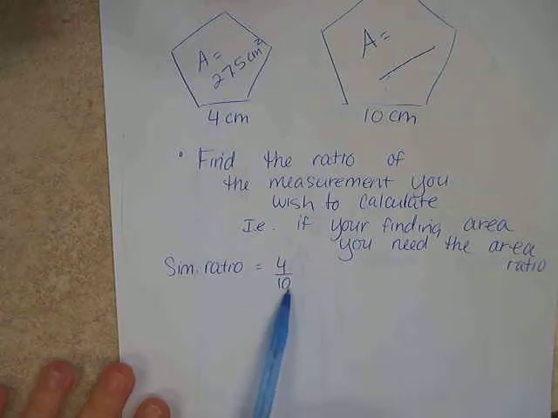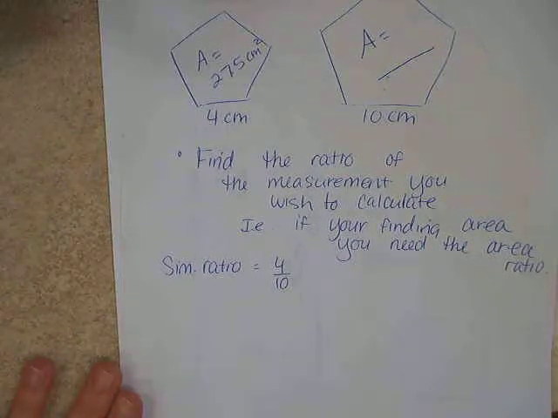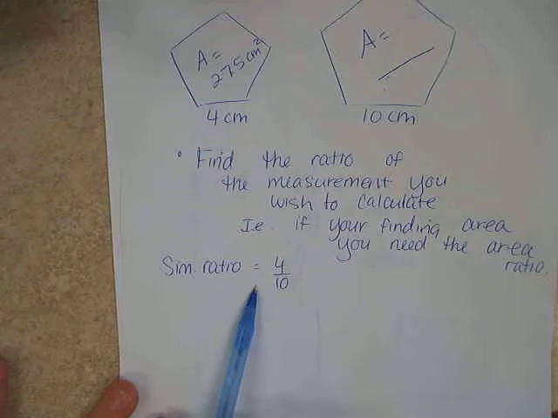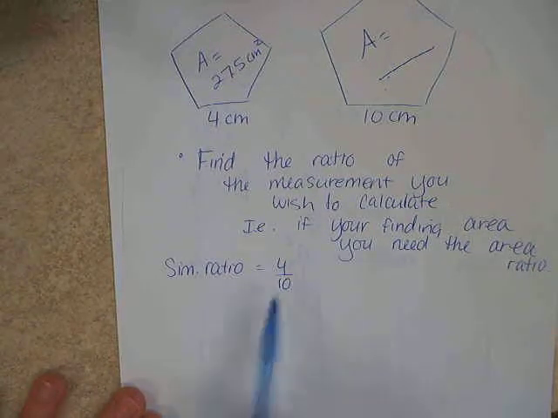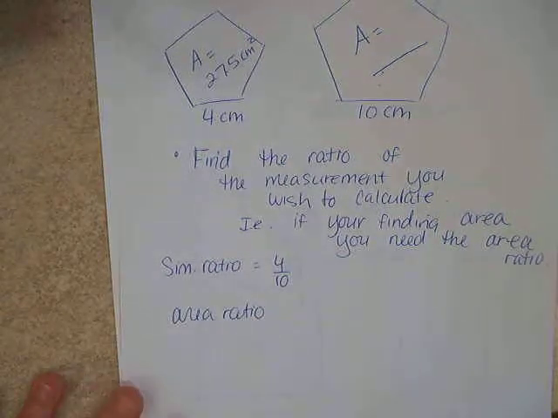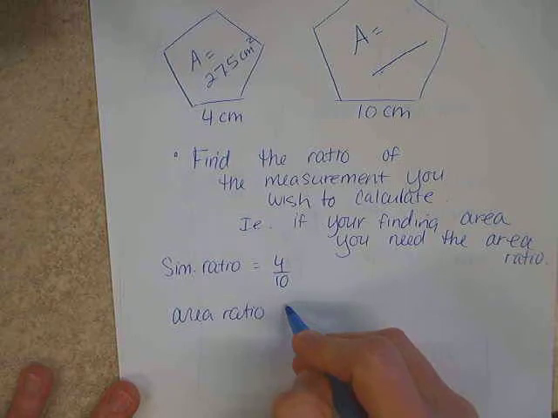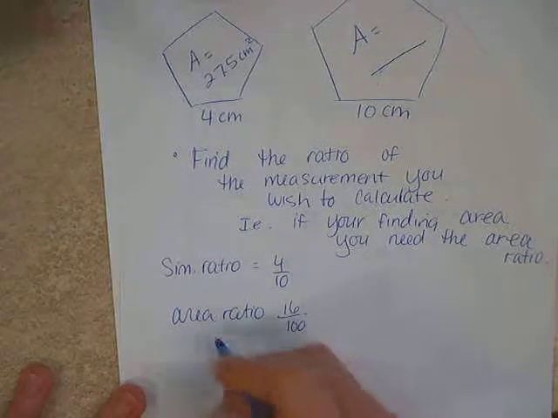If you're trying to take the square root of something that is not a perfect square, and you simplify it and then it will be a perfect square, then by all means you want to simplify it. But in this case, I am squaring to get the area ratio, so simplify it or don't, it's still going to work in your proportion, okay? Once you set up a proportion, they don't have to be simplified.